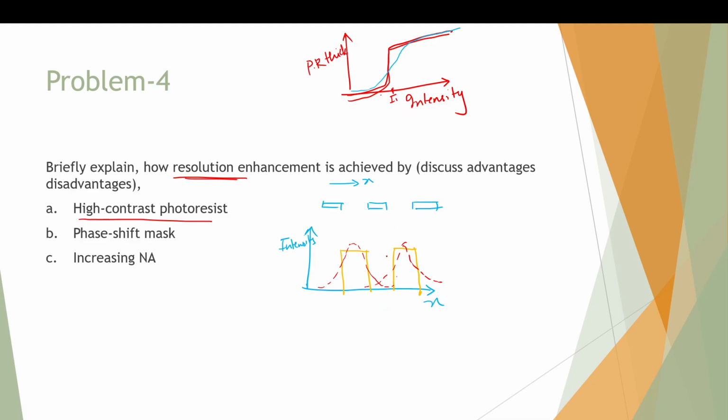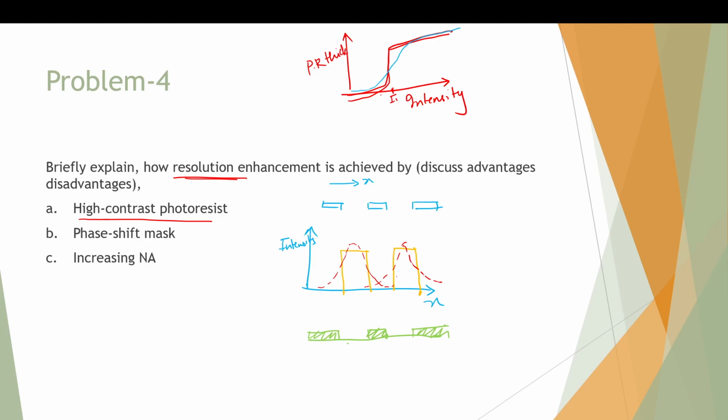Because of this intensity profile, when we expose the photoresist and do the development, we'll see non-idealities. Ideally we wanted the resist to look something like, say this was a positive resist, then whatever is exposed will get removed. So the resist will look something like this and like this.